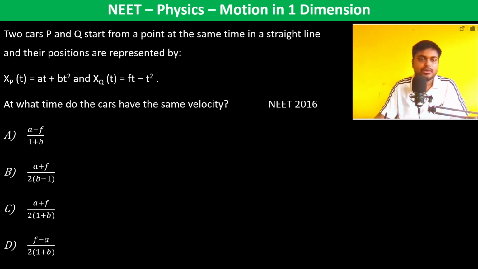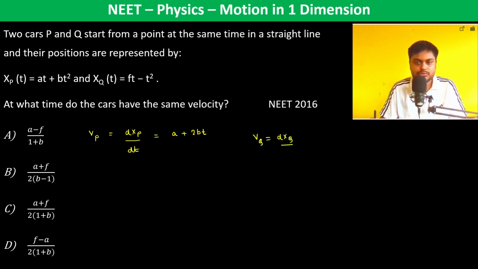Thank you. Two cars P and Q start from a point at the same time in a straight line, and their positions are represented by this. At what time do the cars have the same velocity? So velocity of P is going to be d of xp by dt, which is equal to a plus 2bt. Velocity of Q is going to be d of xq by dt, which is equal to f minus 2t.